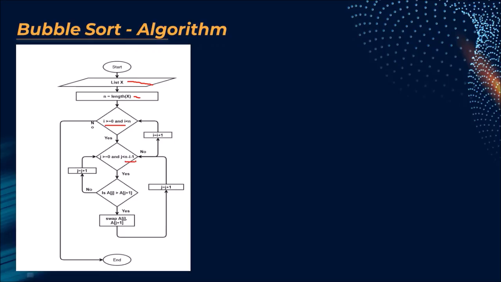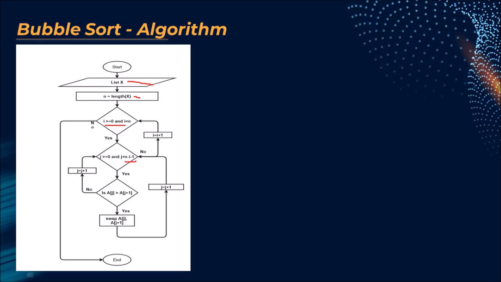So now the inner loop is coming in. In every set of iteration, we did some iterations, right? And therein we saw that at the end of every iteration set, the last element, or the largest remaining element, was brought to its right position. So we basically subtract the set of iteration we are on.